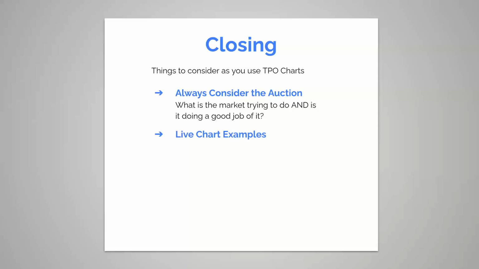Say it's pressing new highs, poking through a prior high, printing some new highs, but volume is real light. Tempo is drying up, not a lot of action. That would be a good example of not doing a good job. Yes, it's trying to go higher, but it wouldn't be doing a good job. So that's an example of an opportunity to get short.